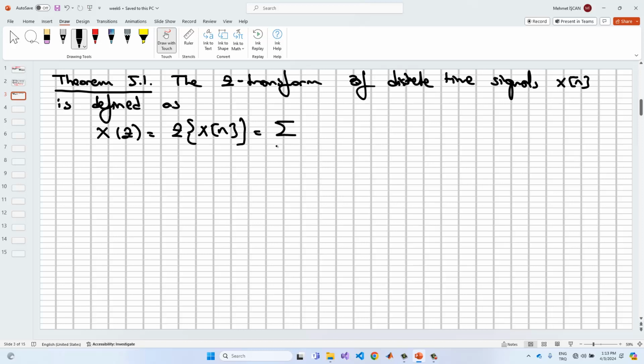And so if this is the sequence, then n goes from minus infinity to infinity, and each sample must be multiplied with z to the power of minus n. Okay, and so what is z here? z is the polar coordinates in the Euler identity formula. z is equal to r e to the j theta, which means that we have r cos theta plus j times sin theta.